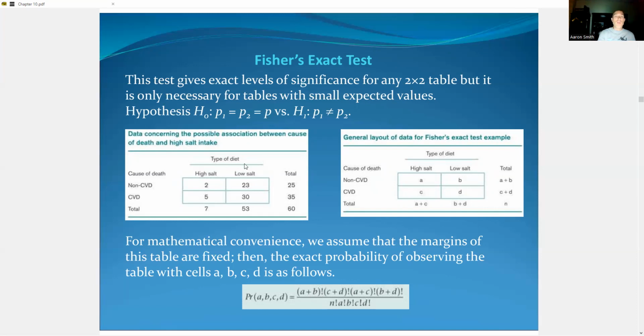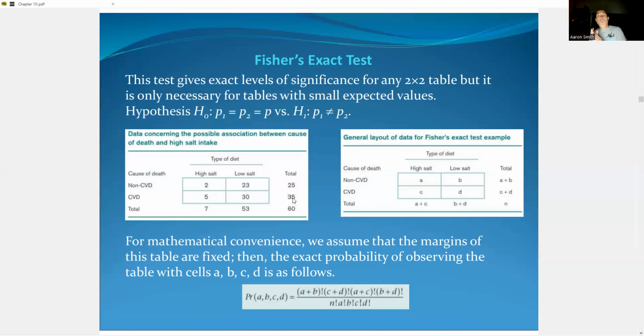Here, in this format, Fisher's exact test considers every single table that could have 7 for the column sum, 53 for the column sum, 25 for the row sum, 35 for the row sum. So it considers every single table where you could get exactly these values.